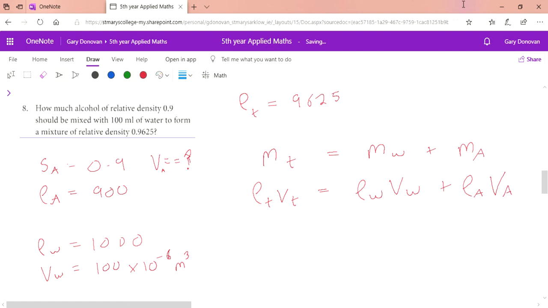Here's what I do: you replace volume total with volume water plus volume alcohol. Because if you look at this, I have lots of different variables, and I want to minimize the amount of variables to make the equation solvable. So I can get rid of the VT variable and replace it with VW plus VA. And now I've removed one variable.